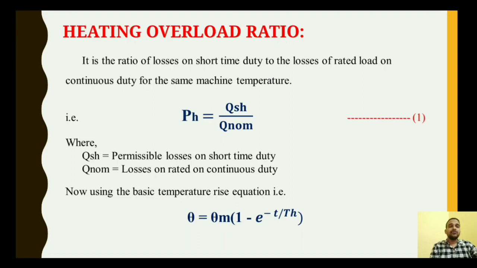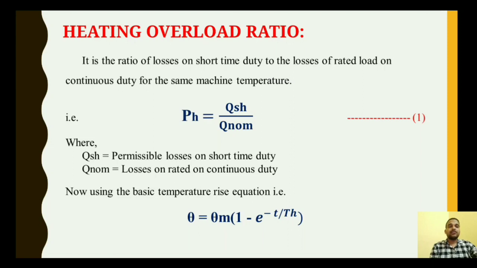As it is stated, it is the ratio of losses on short time duty, so obviously QSH will be in the numerator, to the losses of rated load on the continuous duty. The losses of continuous duty are represented by Q norm, that is Q nominal or Q normal we can say.